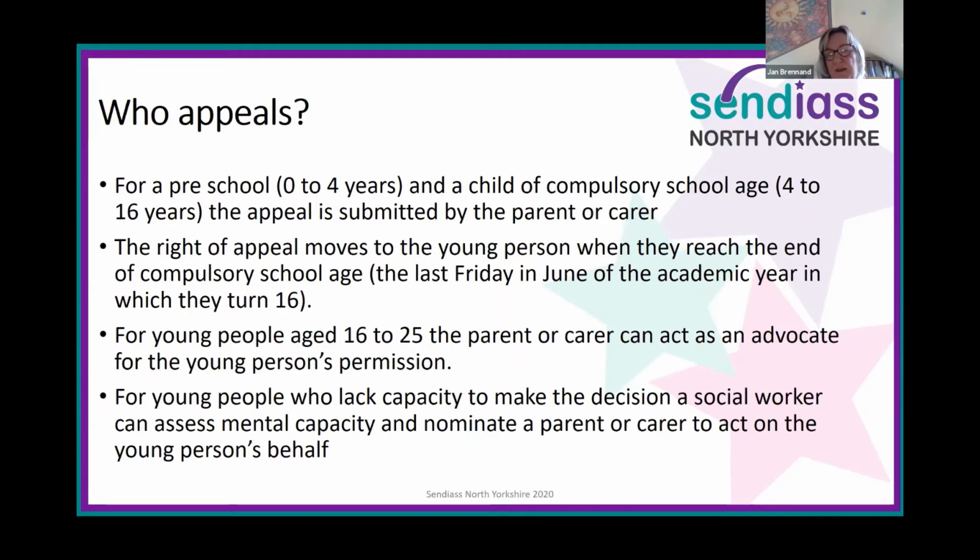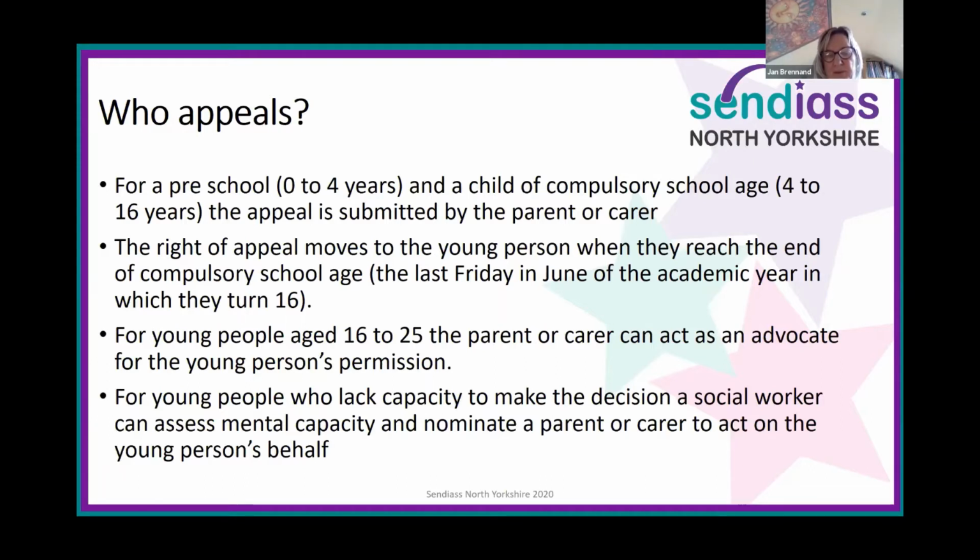So if you've got a young person that's one of the oldest in the year and they might have gone 16 on the 2nd of September, they're still of compulsory school age until June the 30th the following summer, okay? So before they actually leave school. So it would still be the parent or carer who submits unless it's past the June the 30th date.